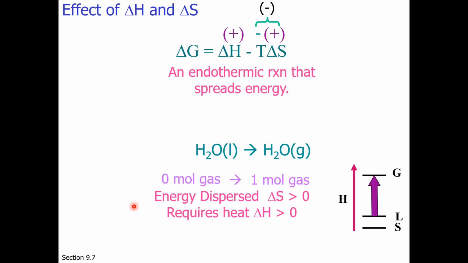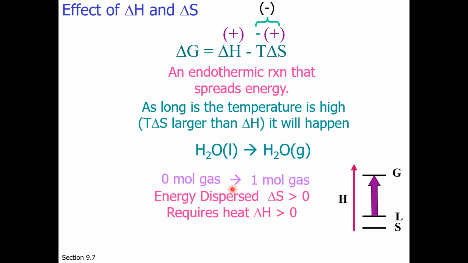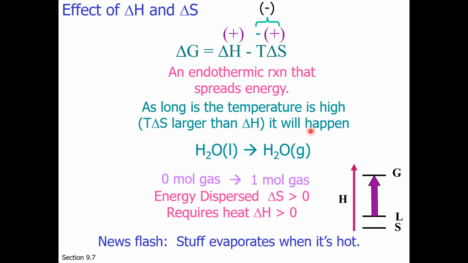So energy being dispersed is good if you consult with Mother Nature, but a reaction that requires heat is not good. It's a stop when you consult Mother Nature. So as long as the temperature is high, meaning the magnitude of T delta S is larger than the magnitude of delta H, this will happen. So once again, a news flash for you. Stuff evaporates when it's hot.